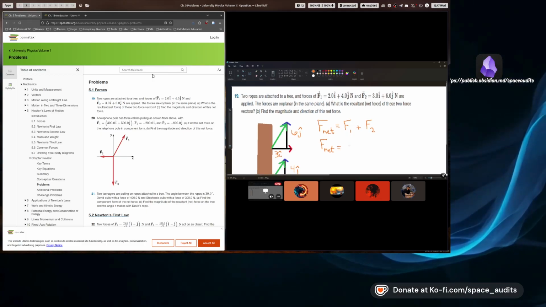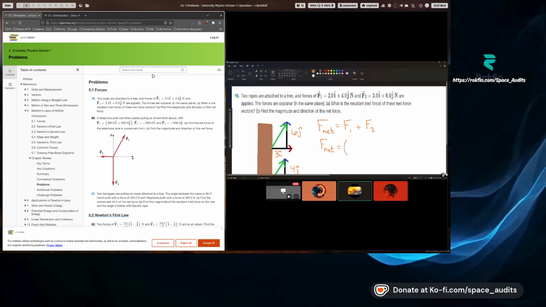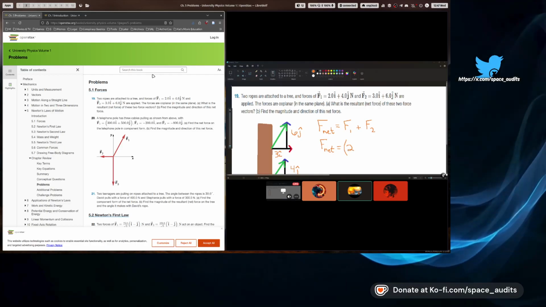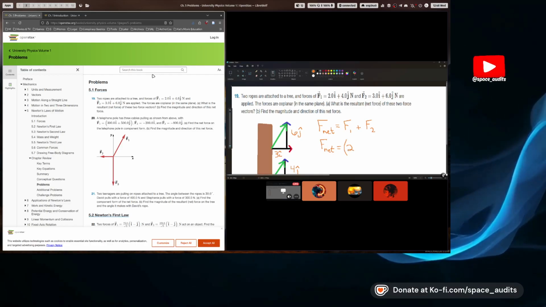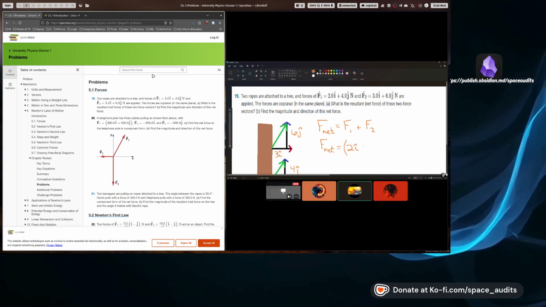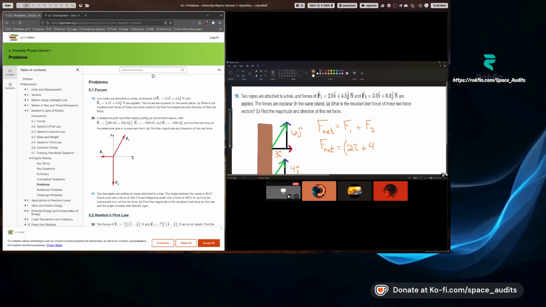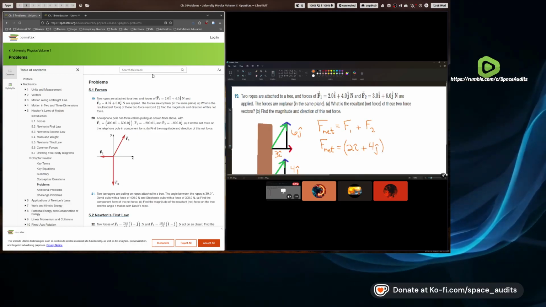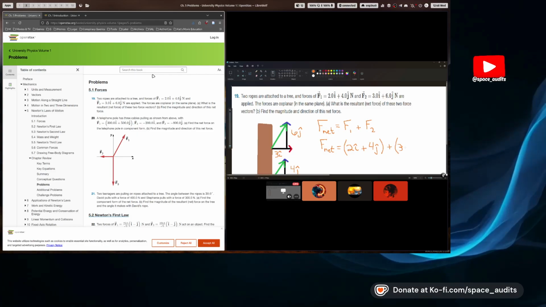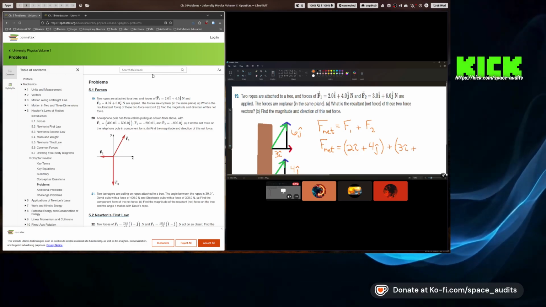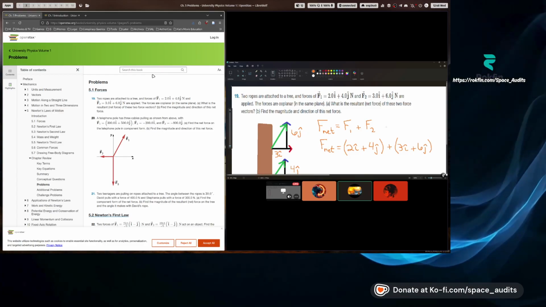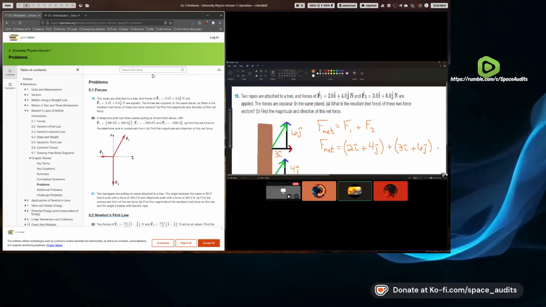Remember, this is F1, so I can put a parenthesis, and put everything inside. So I'm going to say 2I plus 4J. So that's F1. And then F2 is 3I plus 6J. And of course, this is in terms of newtons.